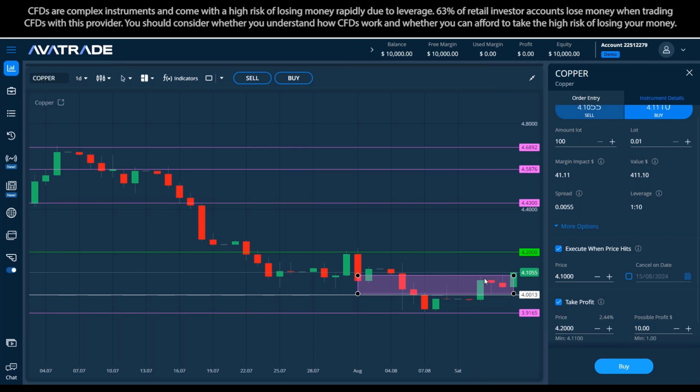The difference is there are certain levels that I have in mind thinking that copper might turn around. And if I enter here, I have no indication if it will turn around in here, if it will reach all the way in here, or maybe it will turn around before.